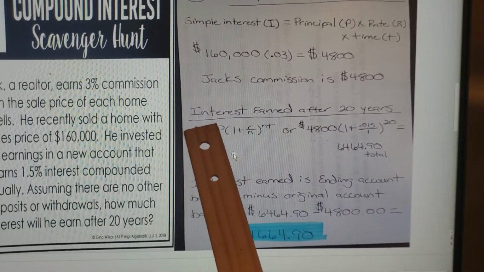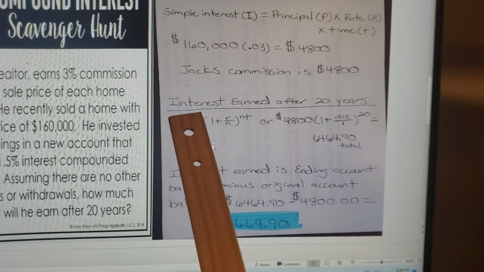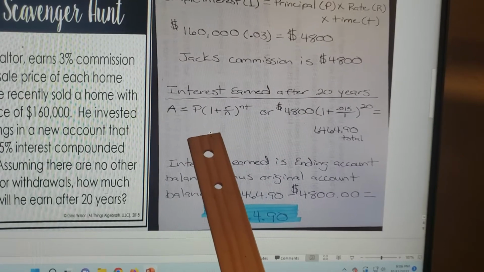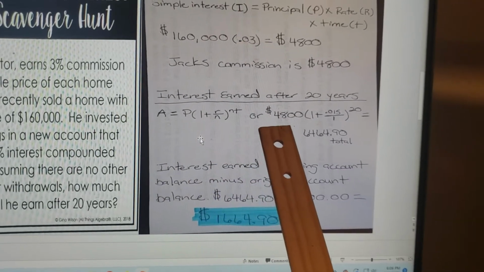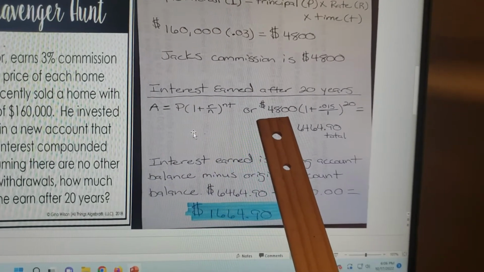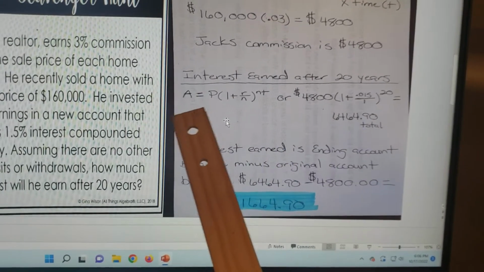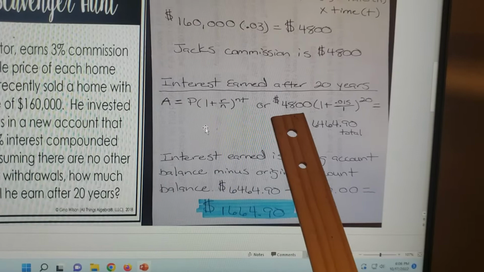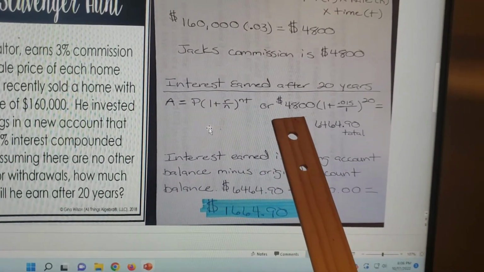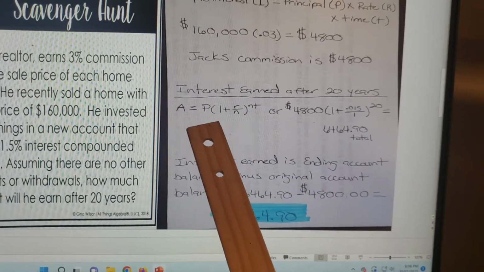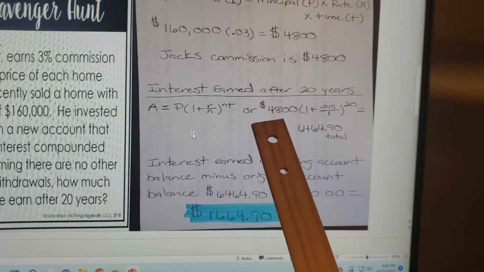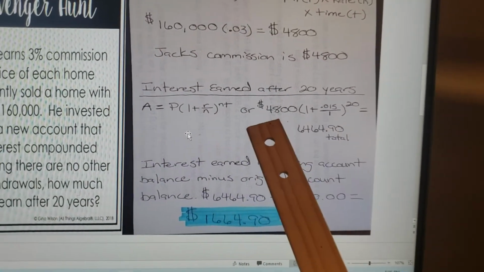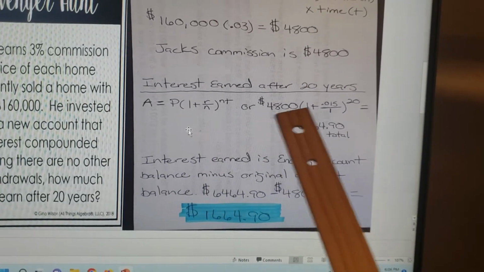So then you can look for the compound interest that he earned when he placed the money in the account. Here's the formula for that. It's the formula for compound interest. $4,800 is the principal.